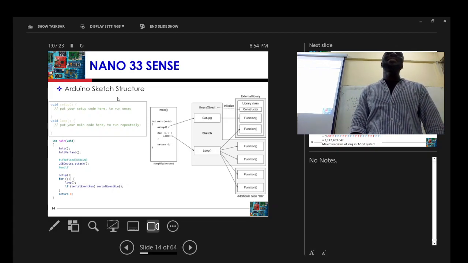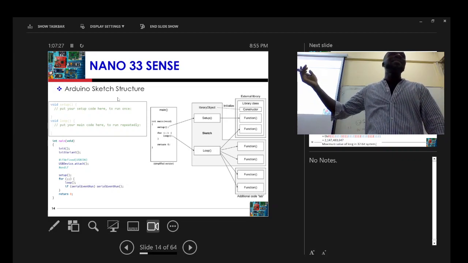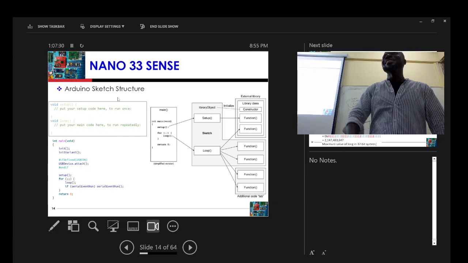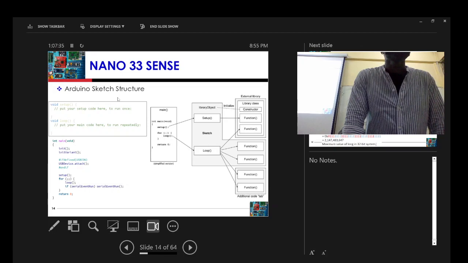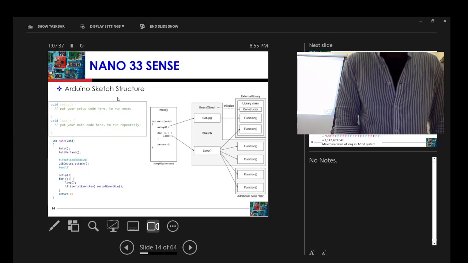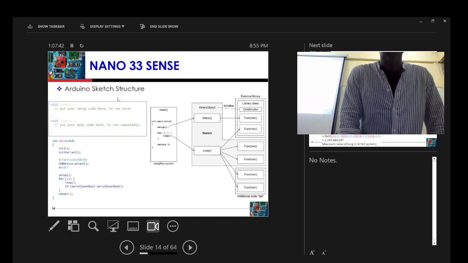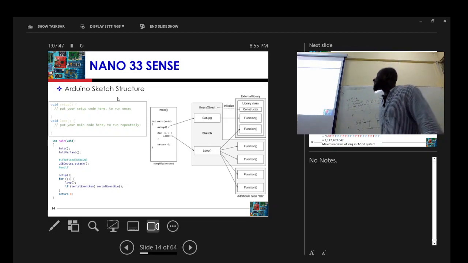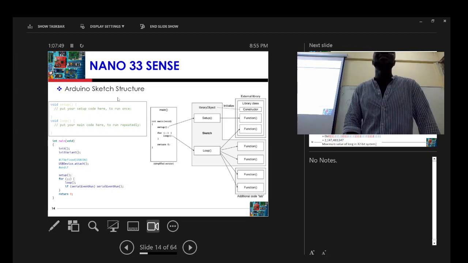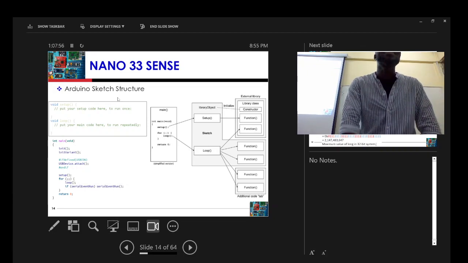And Arduino code is called what? Hurry up. A sketch.